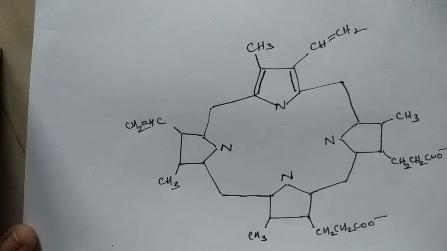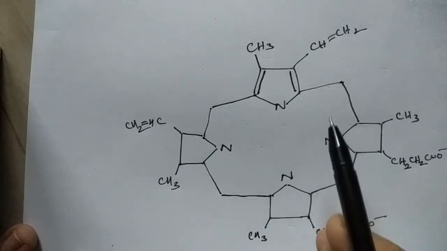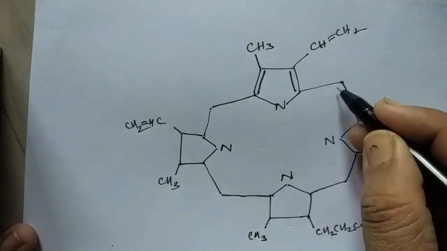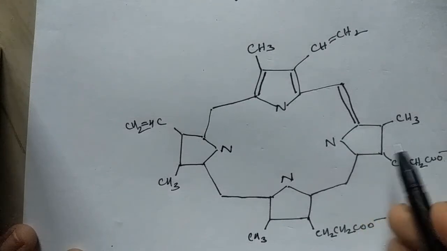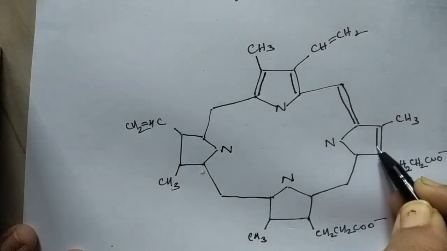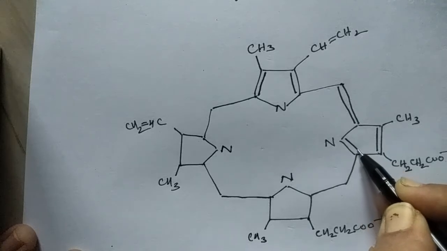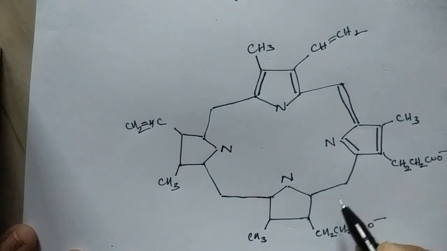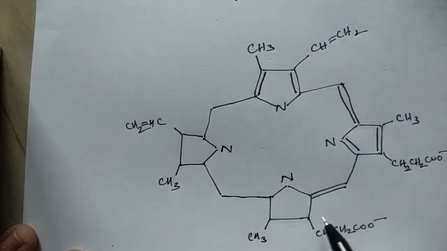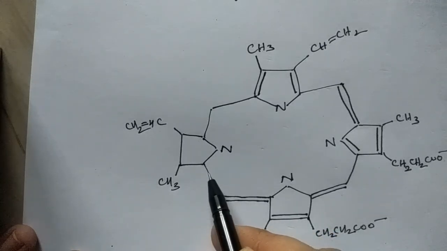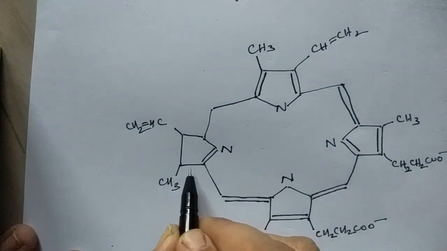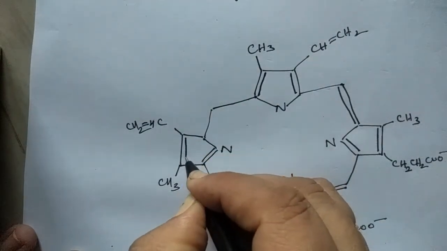Then single bond, double bond, and continue alternating around the ring.